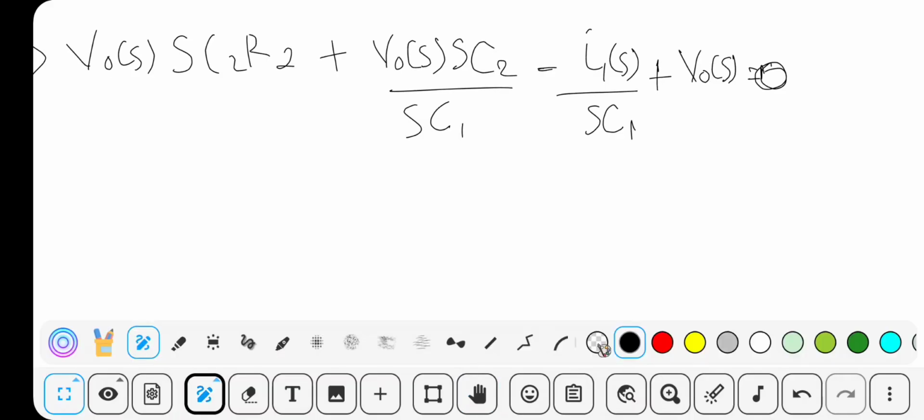So making I1 the subject of the formula, move I1 to the right hand side.